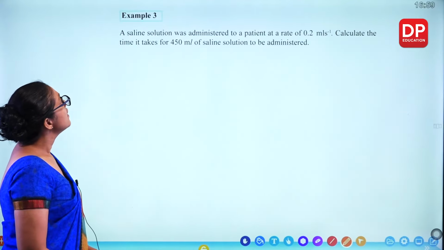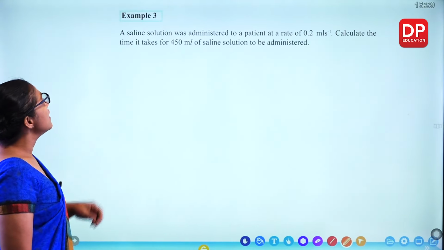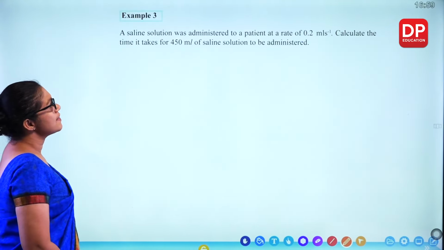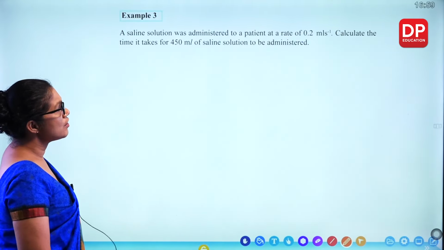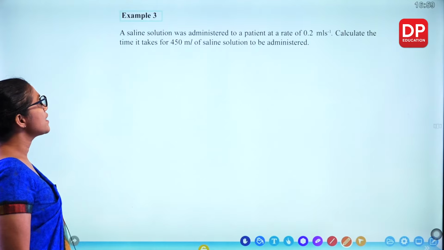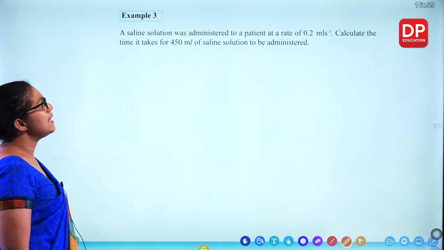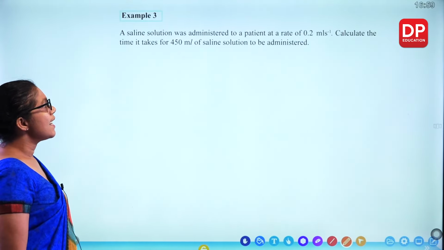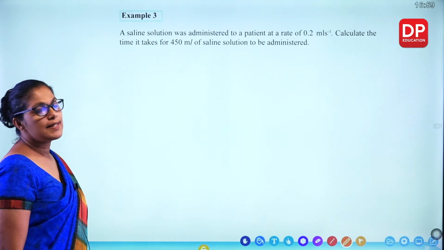Example 3. A saline solution was administered to a patient at a rate of 0.2 milliliters per second. Calculate the time it takes for 450 milliliters of saline solution to be administered.